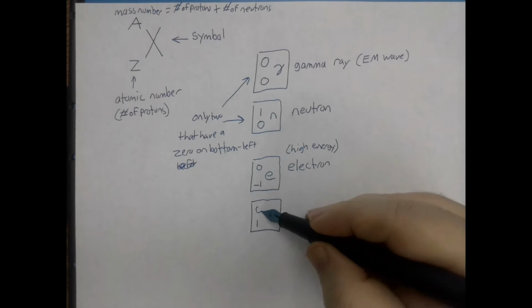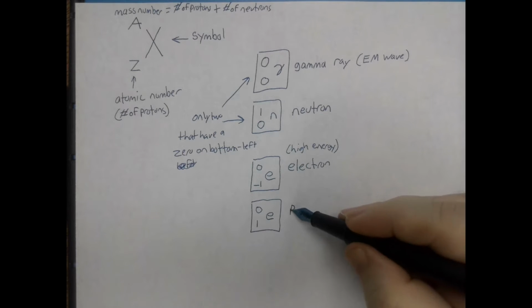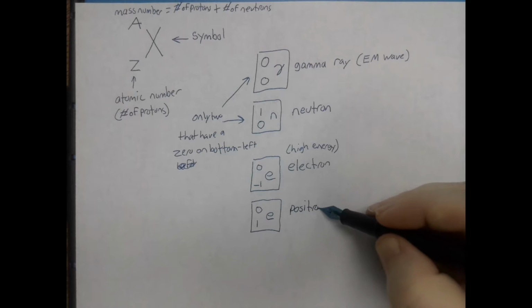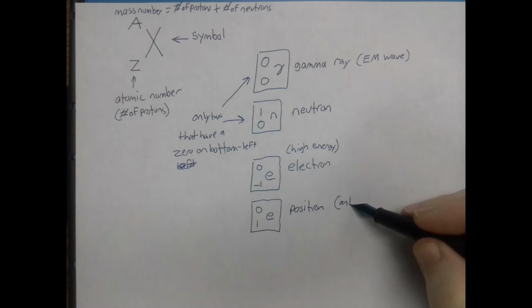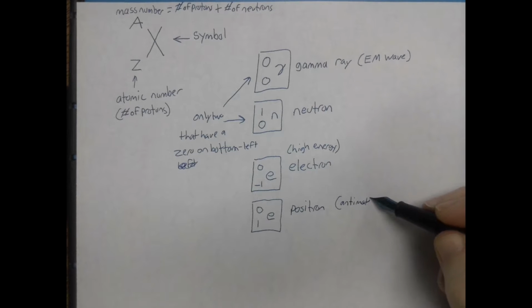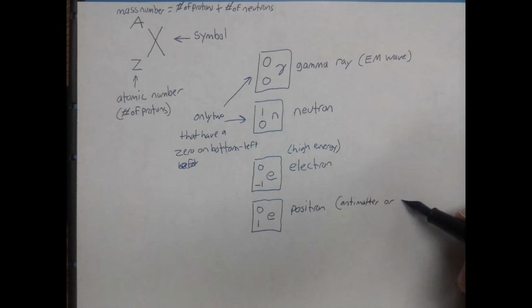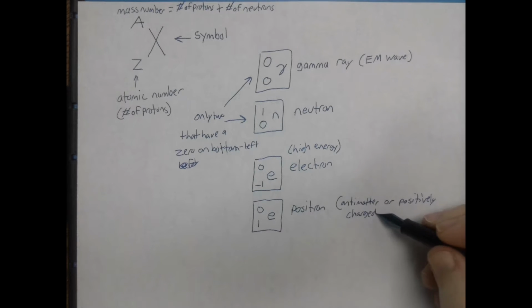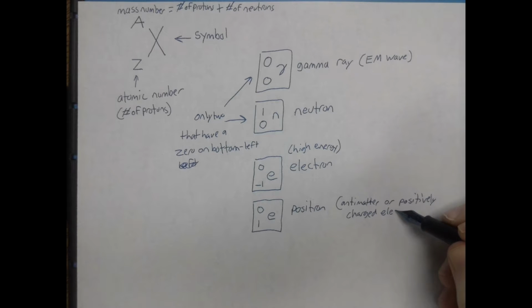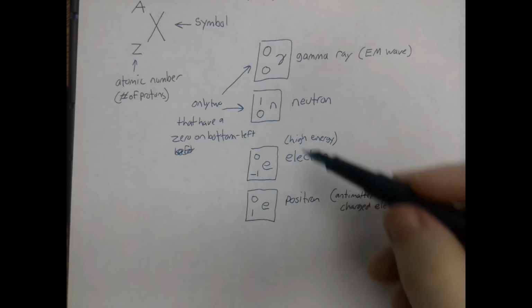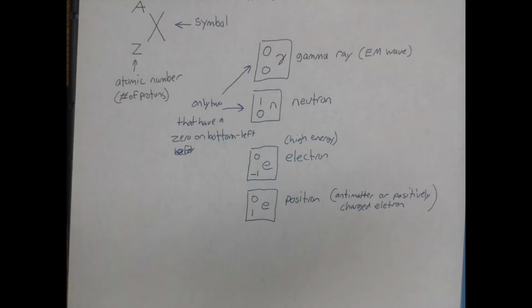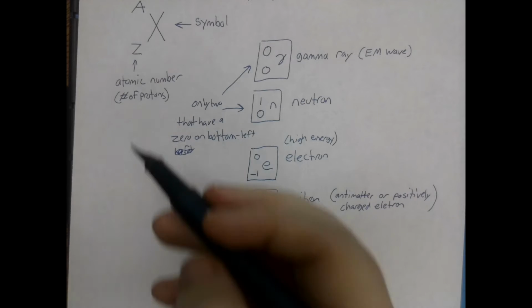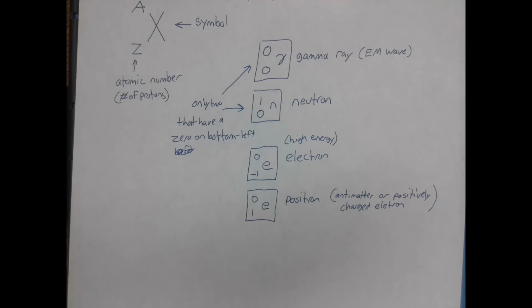And a 1, 0, E positron, which is antimatter or positively charged electron. So these are the only 4 special cases. The rest are going to be standard elements.